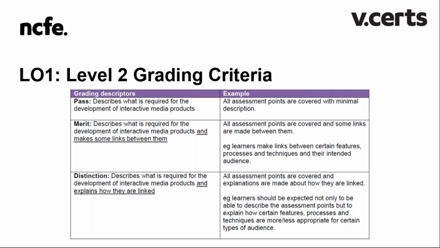And then to improve that for a distinction, a learner might explain why certain interactive features are appropriate for a specific age group, a target audience. For example, they might talk about a mobile application being suitable by the use of the colours or the particular design that might be targeted to a particular group, such as 16 to 18-year-olds. So that's where they're starting to link.